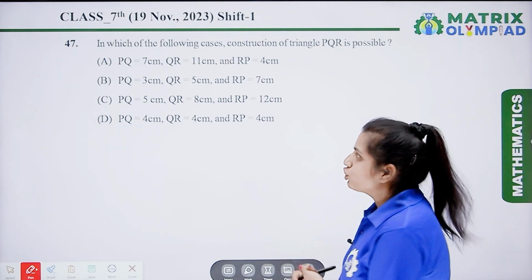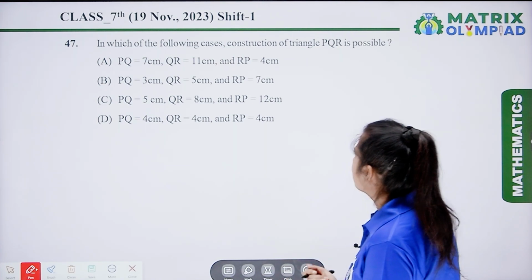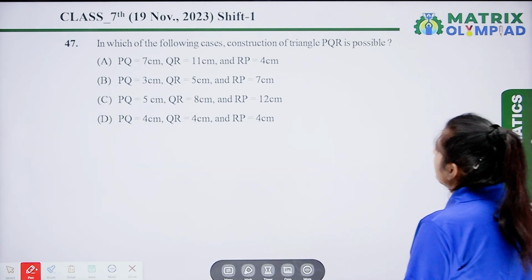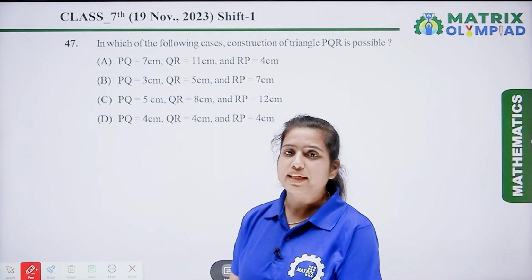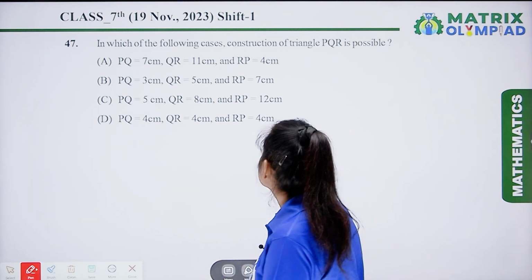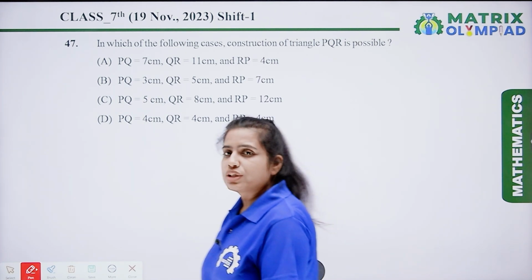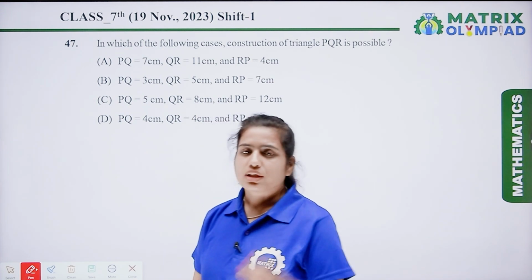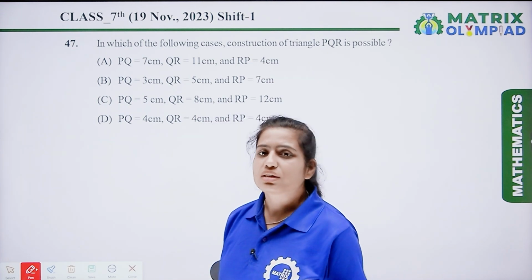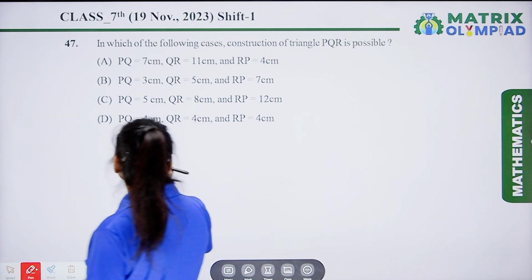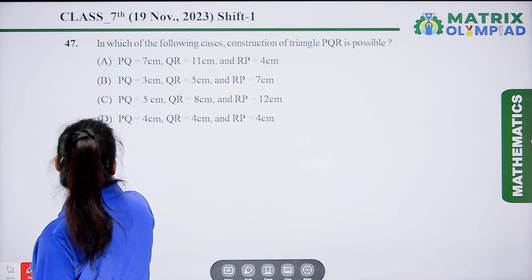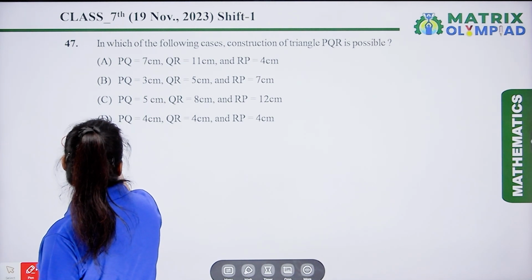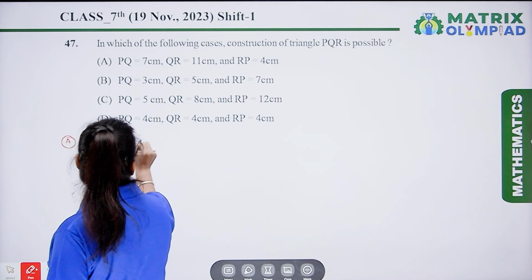Now, the next question is question number 47. In which of the following cases is construction of triangle PQR possible? So, here we have to find out the possibilities of constructing a triangle. To construct a triangle, we know the rule that the sum of two sides is greater than the third side. So, we are going to apply that only. So, here in the A part, we have 7 plus 11 is greater than 4.